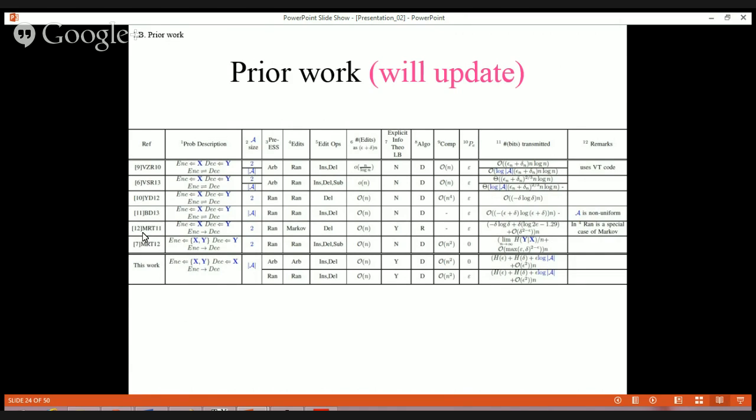In the sixth work and our work, we modeled the problem as a one-way communication problem. In our problem, the encoder has access to both files. The decoder has access to the old file as decoder side information. For the alphabet size, we deal with arbitrary alphabet size.